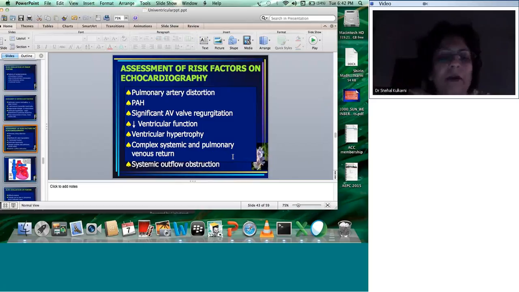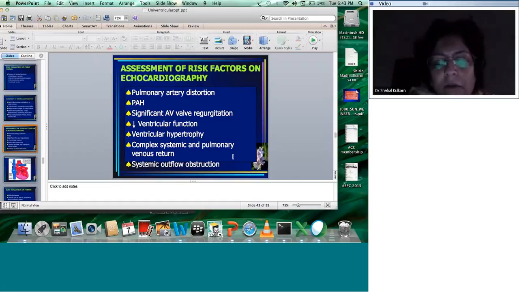And the worst of them: if you have an increased pulmonary vascular resistance, your pulmonary arteries are distorted and your ventricular function is down. Many times, if you have a complex systemic venous return such as bilateral SVCs or interrupted IVC, it doesn't make much difference.